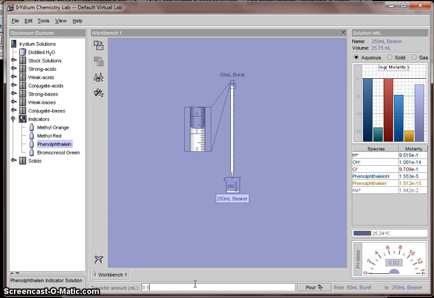Okay, so we add 2. So you can see that we have done this before, so I'm going a little faster. You can see the volume increases and the H plus and OH minus ions change. H plus ion goes down, OH minus ion goes up, the ionic product of water stays the same.